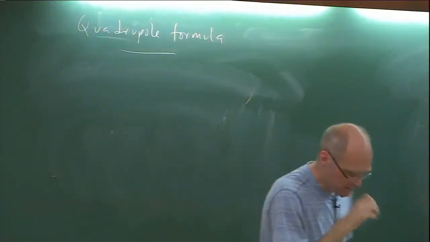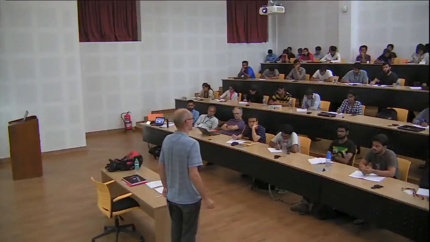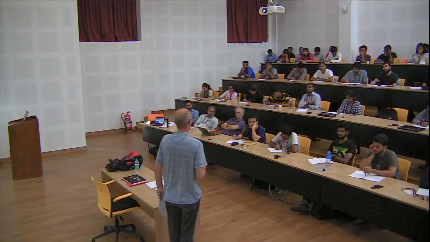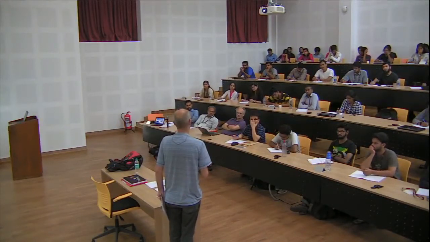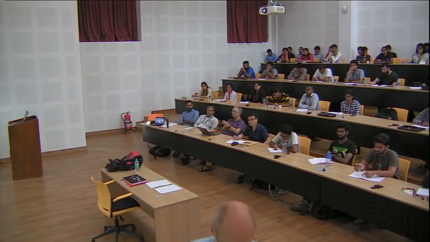And there are two reasons for writing down the simplest version of this. Tomorrow we'll need it, as I said, because we're going to look at rotating stars. Later on, we'll also need it because we need to contrast it with what we need when we look at fluid perturbations. Okay? So that's why I want to write it down in the simplest context.